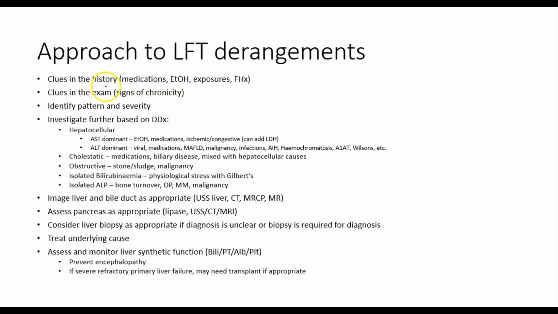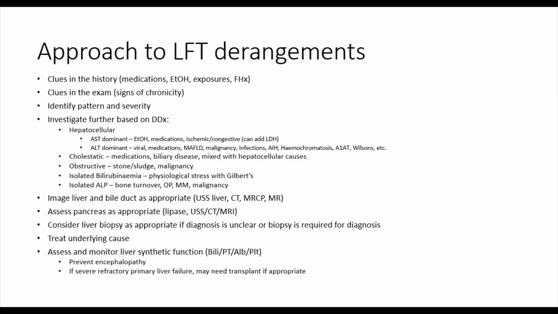For example, whether they've started new medications which are potentially hepatotoxic, whether they have a significant alcohol intake in the past or acutely, and whether they've had particular exposures which would put them at risk for parasitic infections or viral infections such as from contaminated food, water, or intravenous access, and family history for the genetic causes of liver pathology.